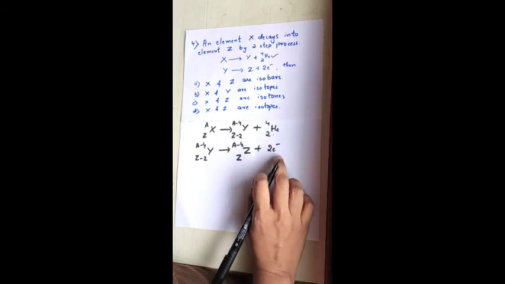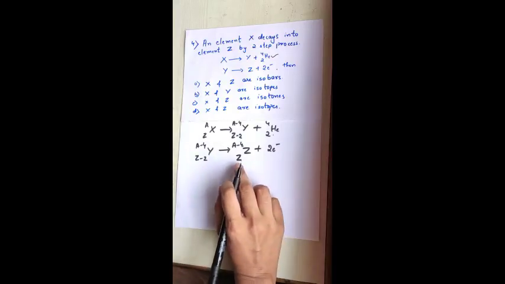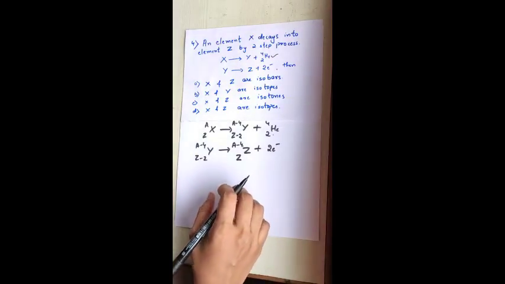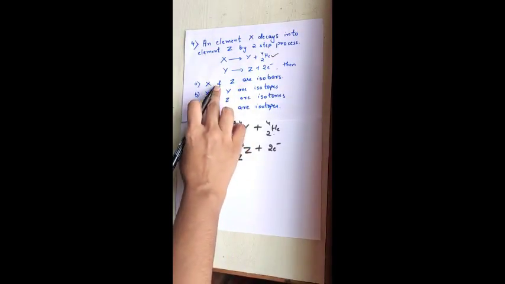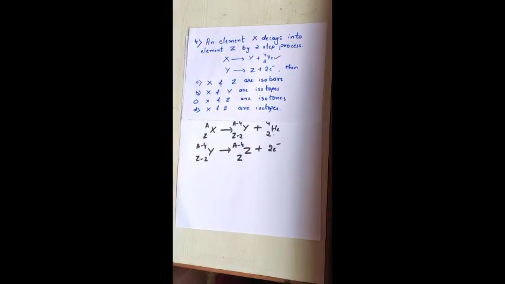A type of beta decay takes place. Z minus 2 becomes Z, and the options given are: X and Z are isobars, X and Y are isotopes, X and Y are isotones, X and Z are isotopes.